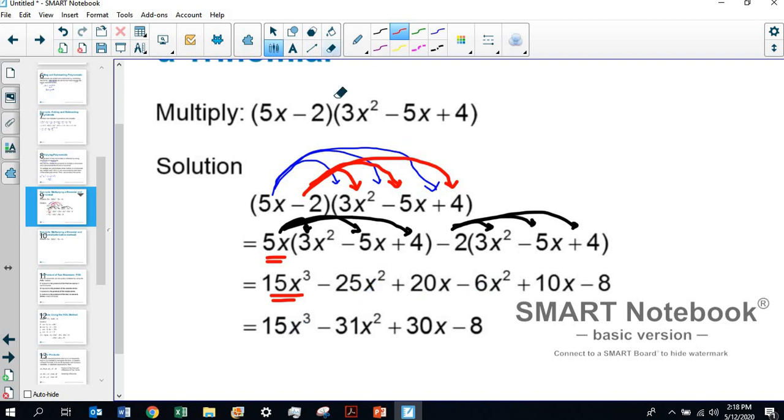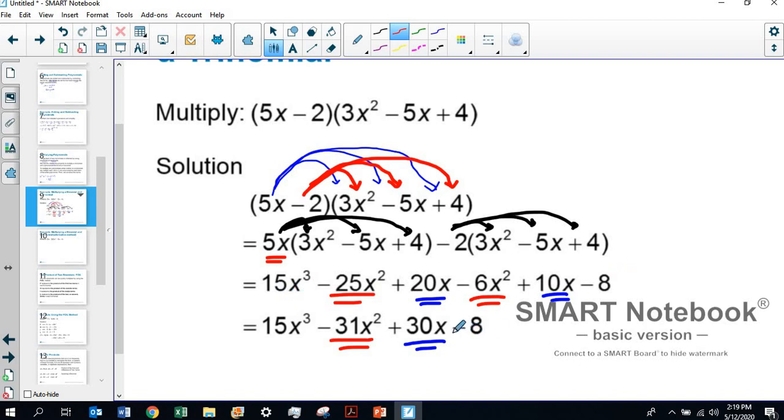That's not a like term of anybody, is it? We have x squareds, like terms, and then of course we also have x's that are like terms, and we add those guys. The x squareds go together, the x's go together. So we get this 30x from the x's, and we get negative 31x squared. And then this just comes straight down, and the negative 8 just comes along.